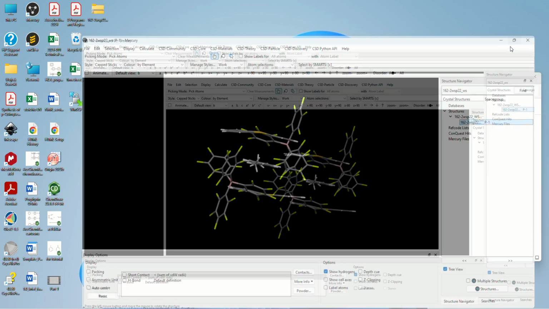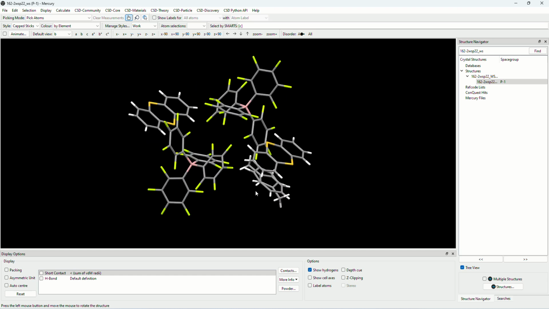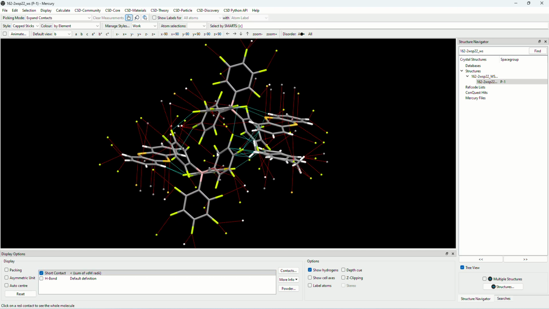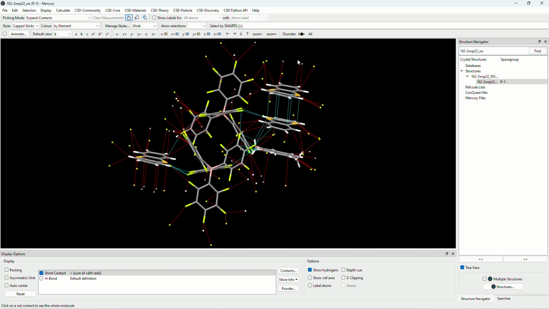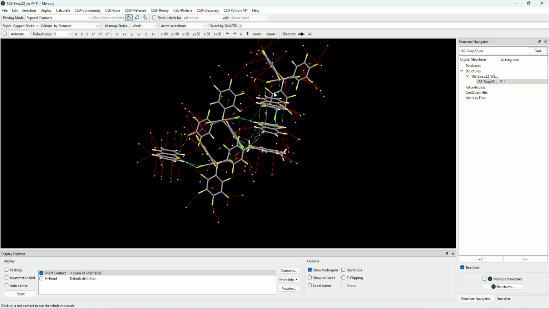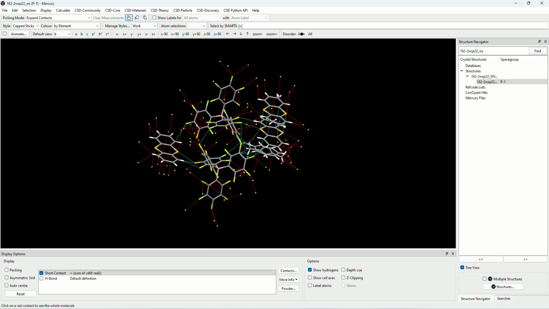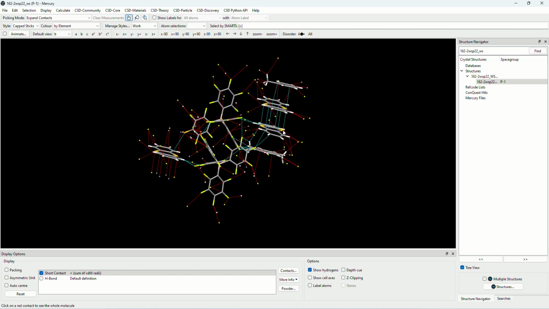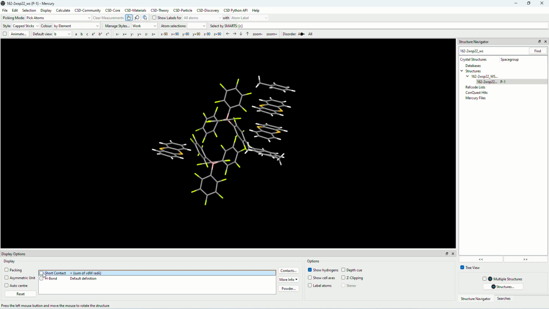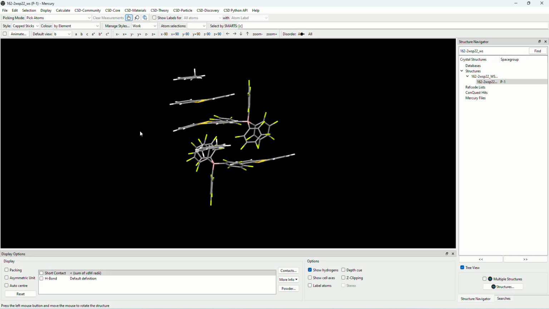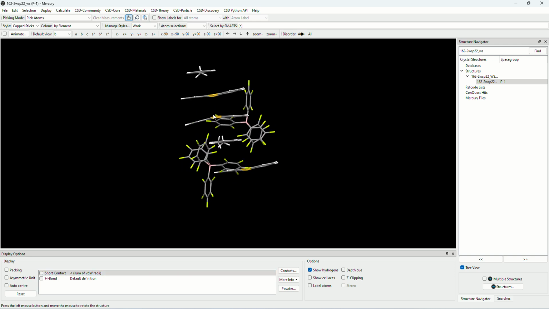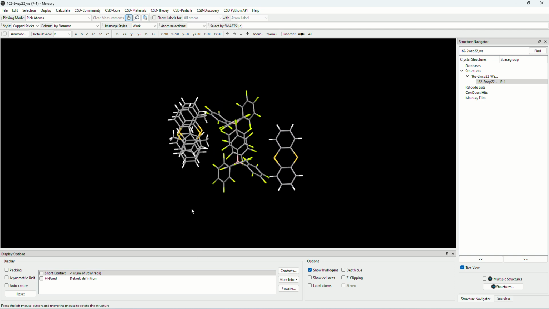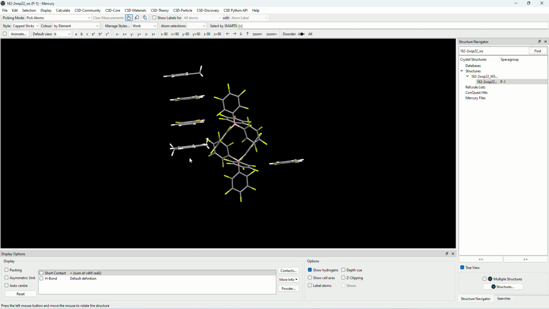If we explore short contacts, we can see that the titanium radical cations actually form columnar stacks with toluene molecules.